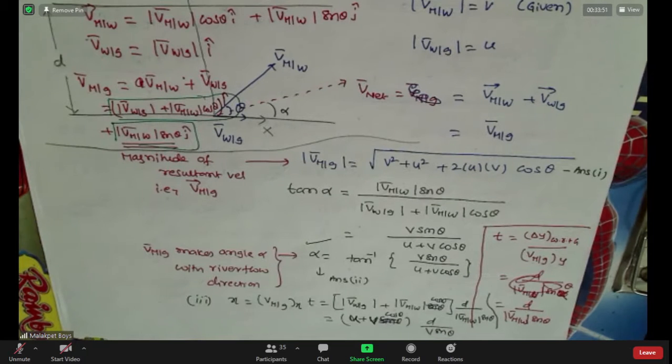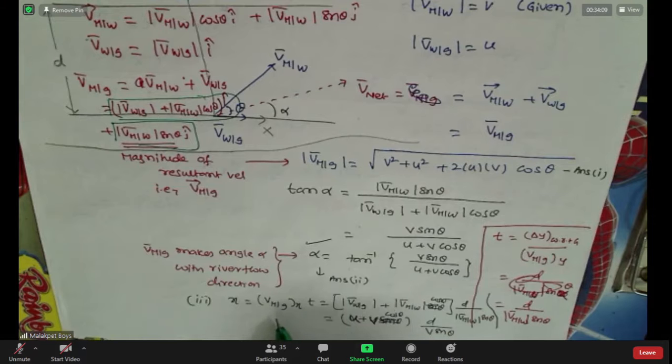Sir, in the third one, it is d by velocity of man with respect to ground, no? Third answer, x, this drift.